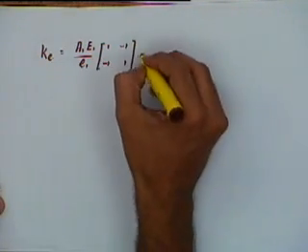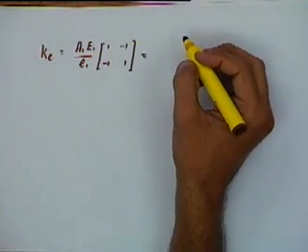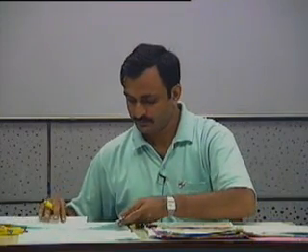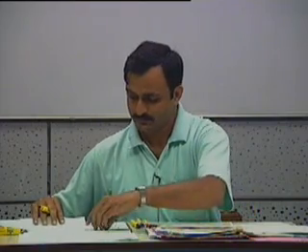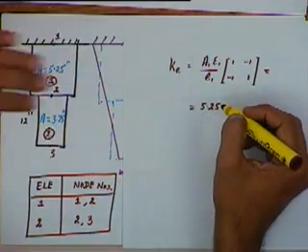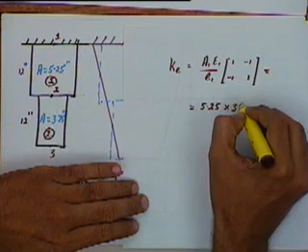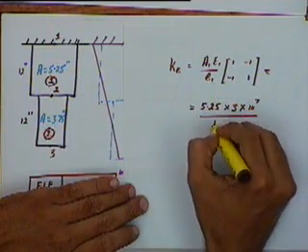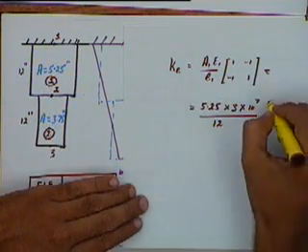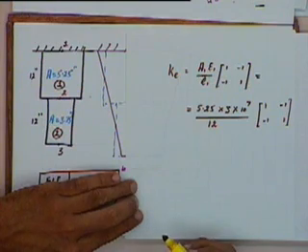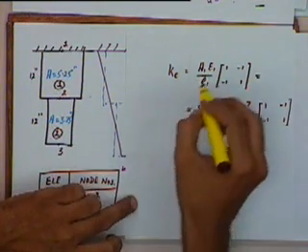This will be equal to area of the first element, 5.25. Let's say the value of E we take to be 3 into 10 to the power 7 psi, divided by the length of the element, which is 12 inches, multiplied by the matrix 1 minus 1 minus 1 1. This is for element number 1.